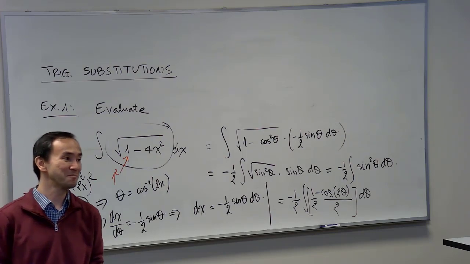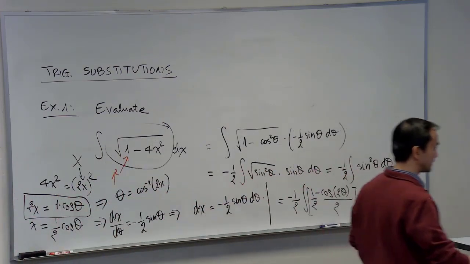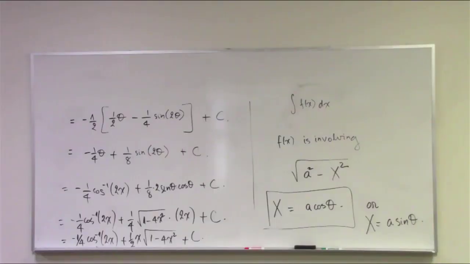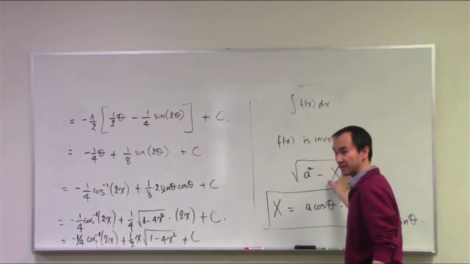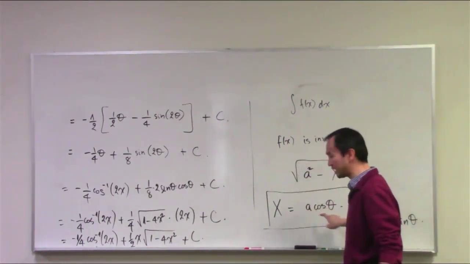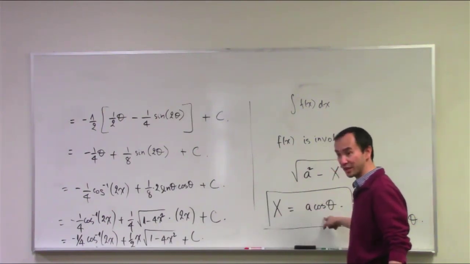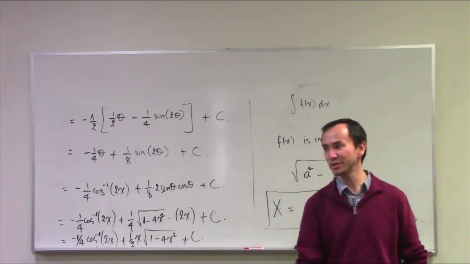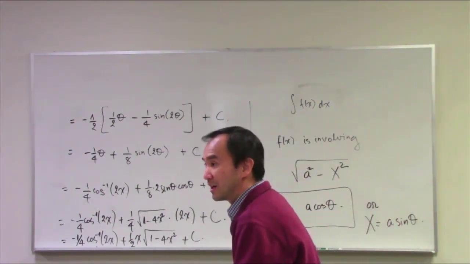So in that special form, anytime you have a square root of a constant minus an expression being squared, think about a trig substitution with a times cosine theta. Substitute that for the big expression that you recognize as a square. Okay?